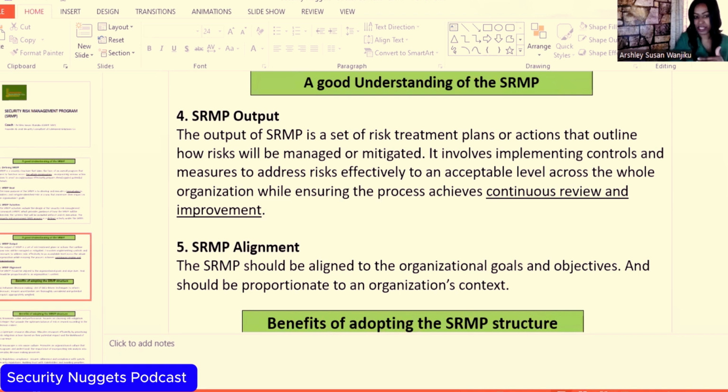Now, I'll give an example. If your security risk management program incorporates information security or cybersecurity, the measures that you put in place today to protect your organization against cyber insecurities and threats, I want to believe that the software systems that you put in place, within 5 years' time, will have evolved and improved, probably because of AI technology and advancements.